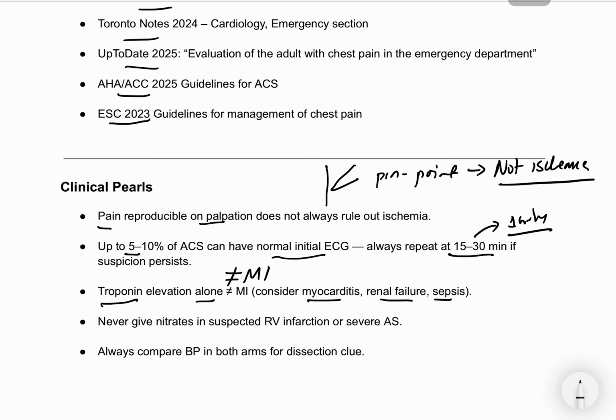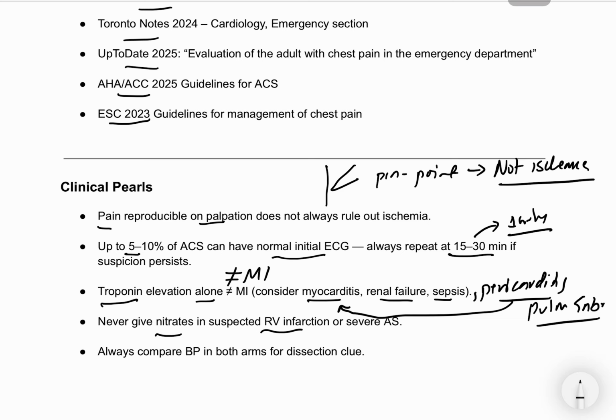Okay, pericarditis can also have a small rise in troponin, because sometimes in pericarditis the myocardium might get involved. Okay, pulmonary embolism. These are the things you have to rule out. Never give nitrates if you suspect RV infarction or severe AS. This will decrease your BP and the patient might collapse.